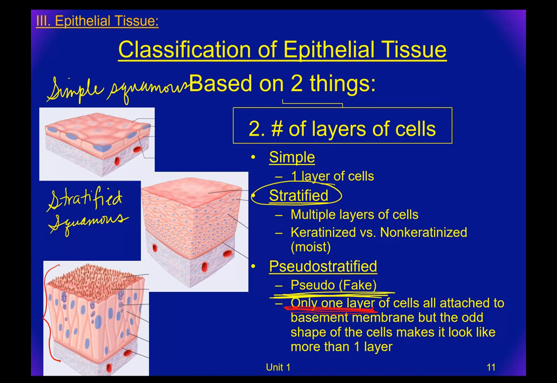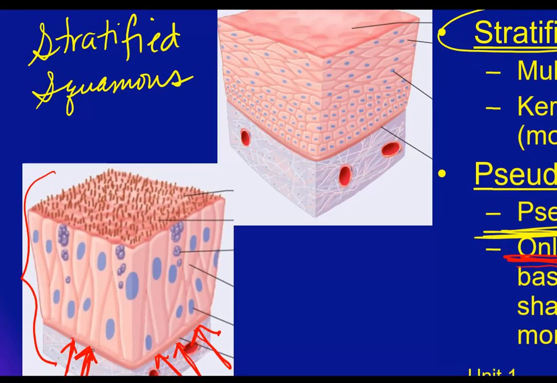And the reason that we know that is because all of these cells are touching the basement membrane. Even if it's just in one spot, one single solitary spot, all of these cells in some way, shape, or form come down and touch the basement membrane. So it is literally only one layer of cells.